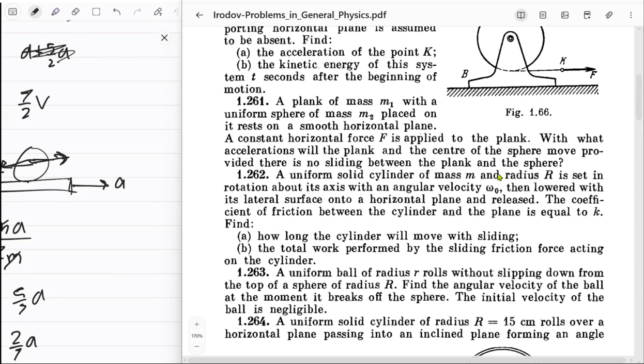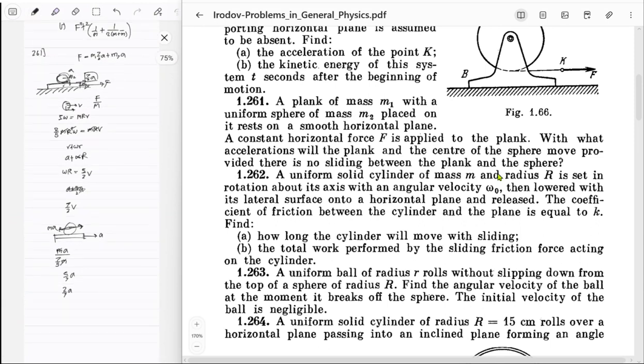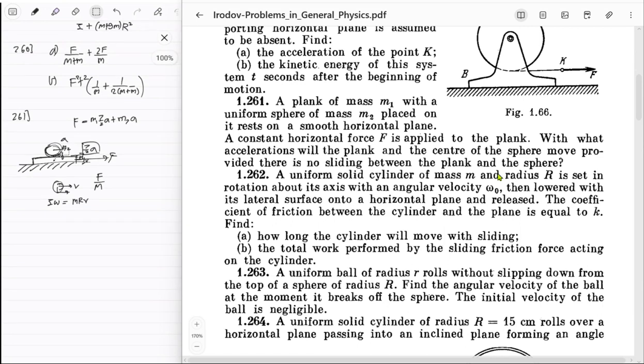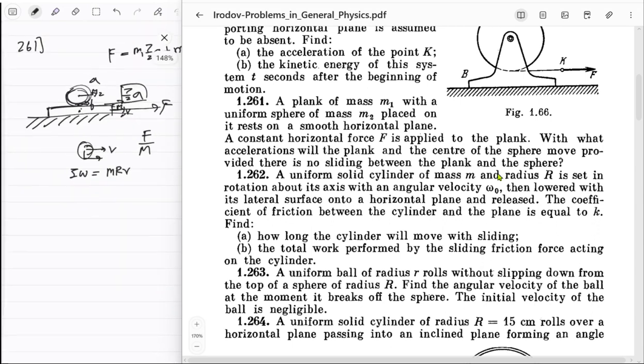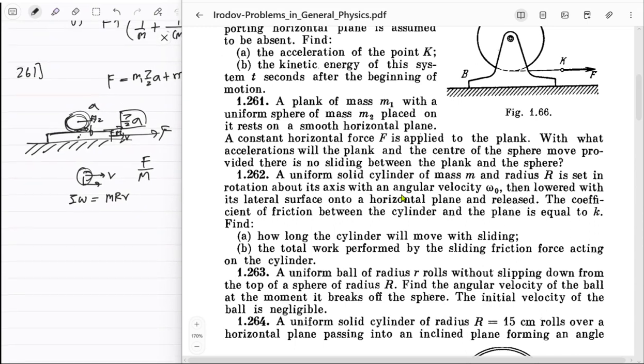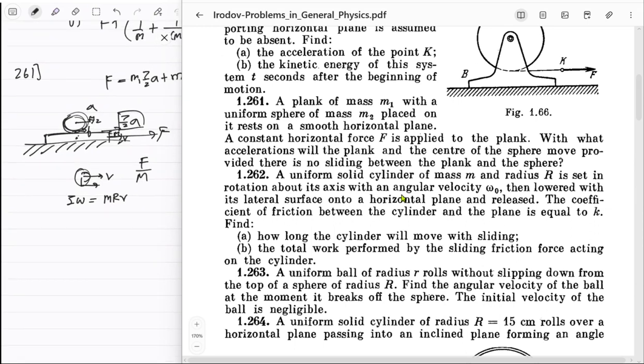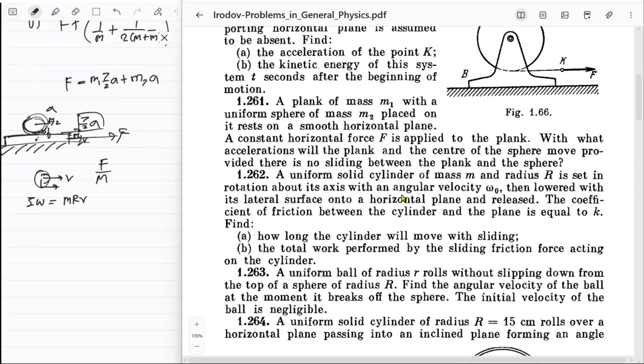So there was a much easier way of doing this. But now we have done this, so we know how to do it. So this guy's moving with a, this is going to move with 7 upon 2a, right? So just figure out the accelerations. Did they give any values? No, they didn't. Just solve this thing.